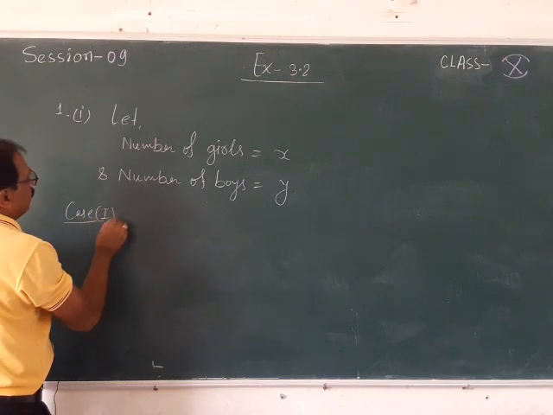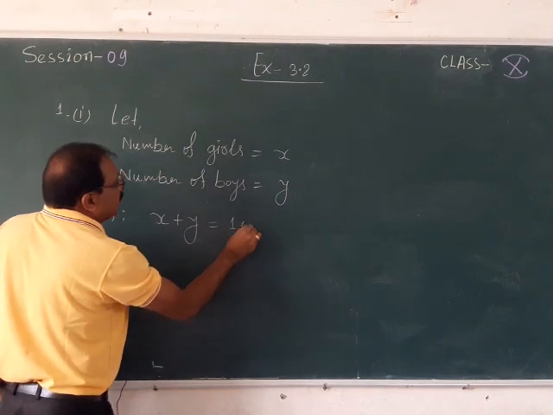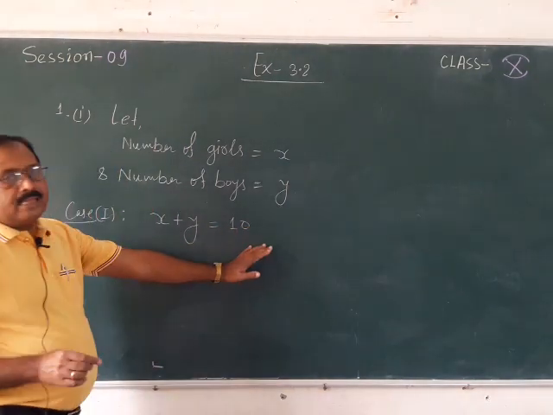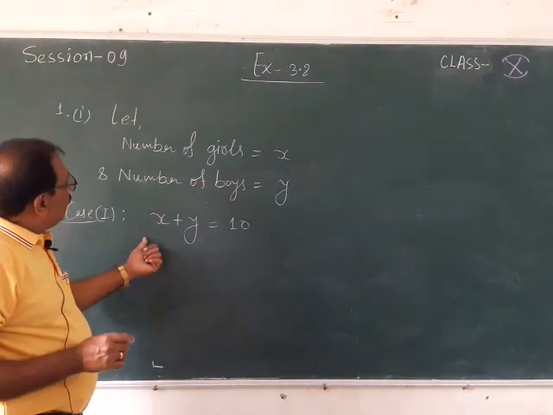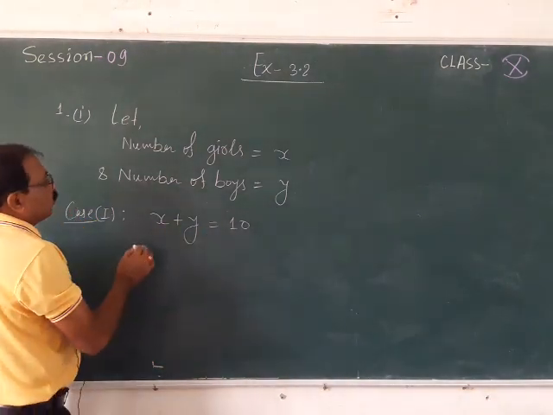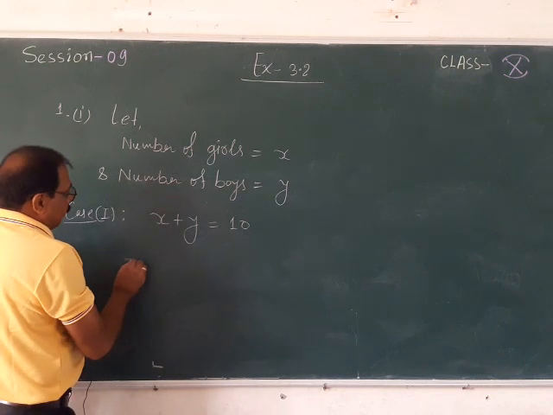Case number 1: x plus y equal to 10. This is equation number 1 that you are getting here, and by that case only you have to find the solution table.